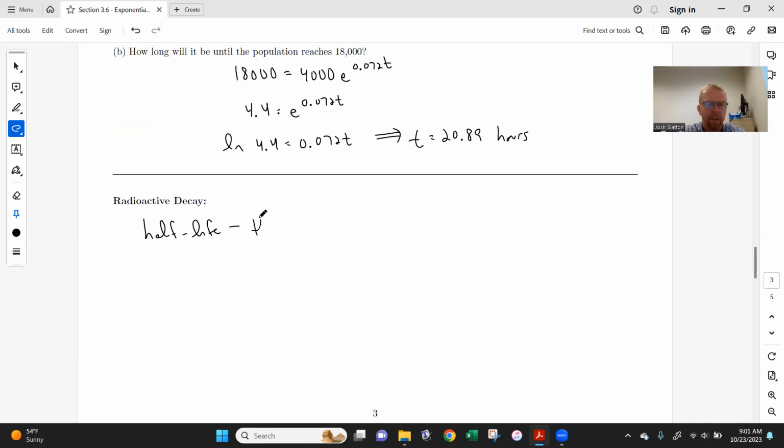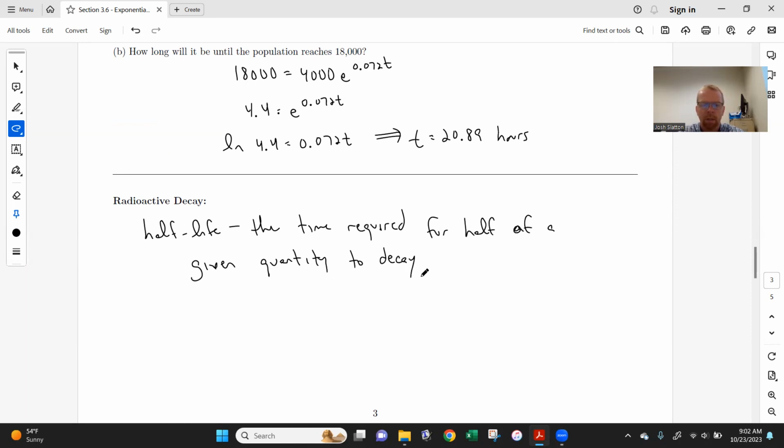So half-life is the time required for half of a given quantity to decay. We have the same formula, A of t equals c e to the k t, but here k is going to be less than 0. So that's the only difference.